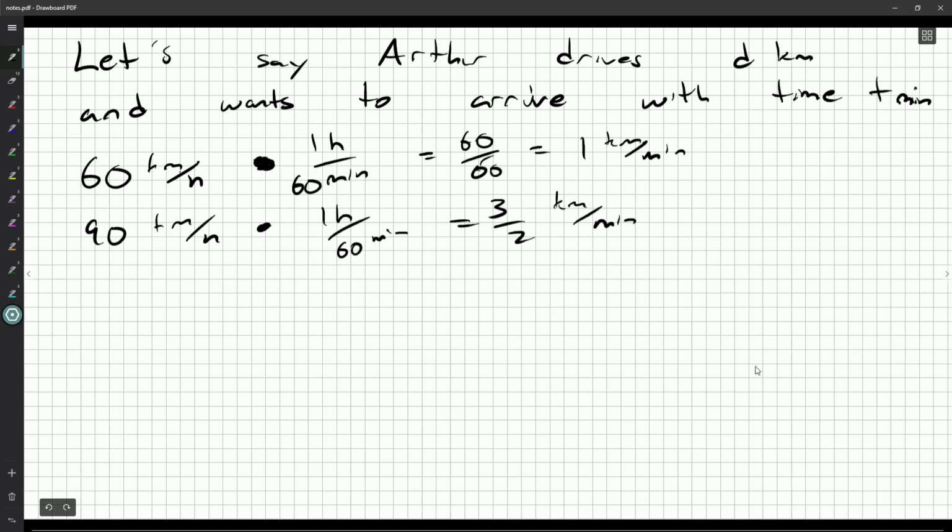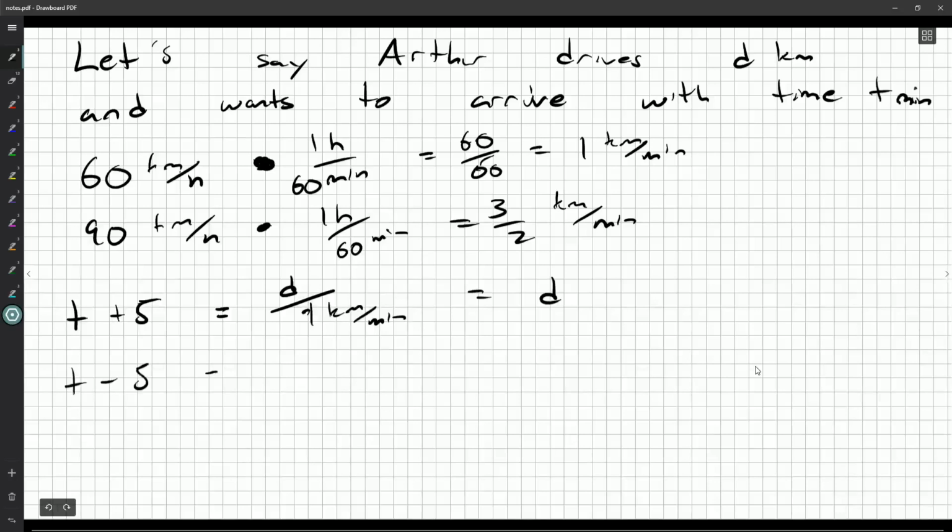Alright, so now everything's in terms of kilometers and minutes. We're good to go. So we know 5 minutes late, which would be t plus 5, is the distance traveled over 1 kilometer per minute. So t plus 5 is d.